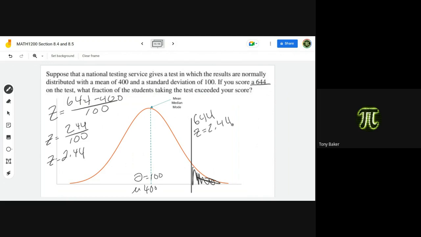So that's my Z. Yeah, 2.44. And put on the chart. Now we're looking at the chart. So that side right there is 0.99266. Is that what I wanted? Right, because I wanted the B side. So we're going to do 1 minus that.